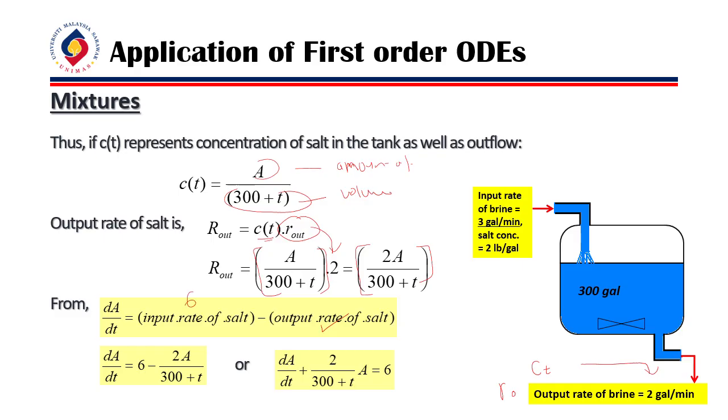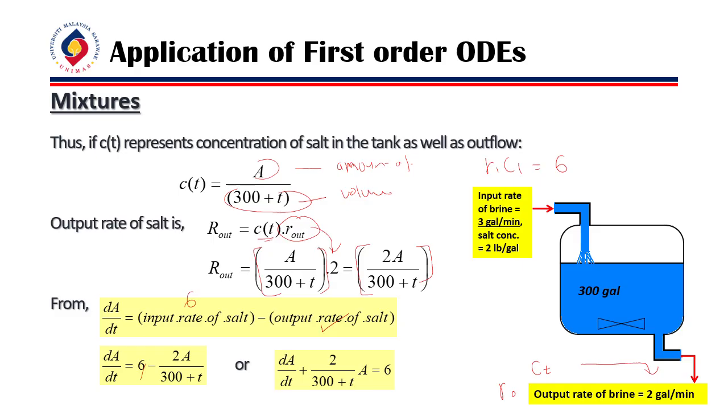And this one is 6 as in the previous example, because the r initial and c initial are similar with the previous example, so we get 6. We treat this as a constant because the amount is similar with the previous example. We multiply 3 times 2 here, and we get the input rate is 6.